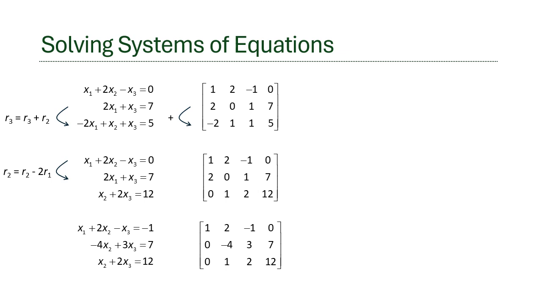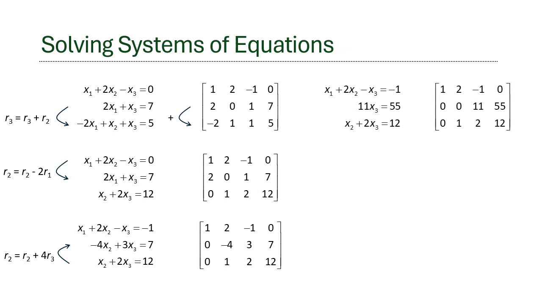All right, now we can eliminate the x2 variable from the second equation by multiplying the third equation by 4, adding it to the second, and replacing the second equation with the result. And now we've almost got the result that we need for x3 in the second equation.